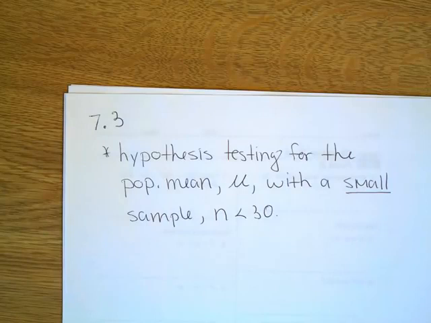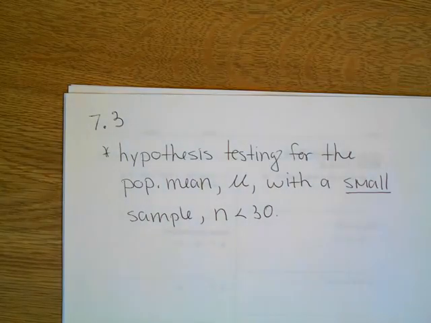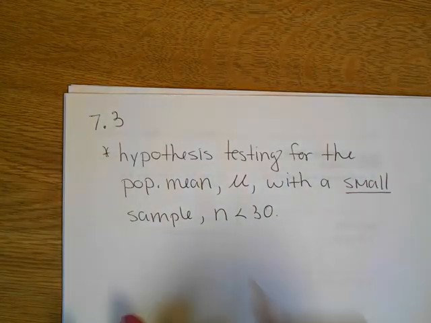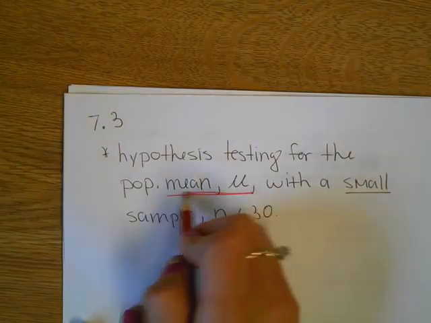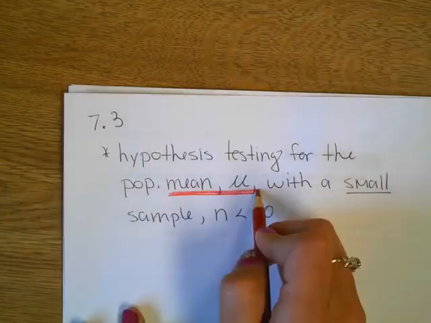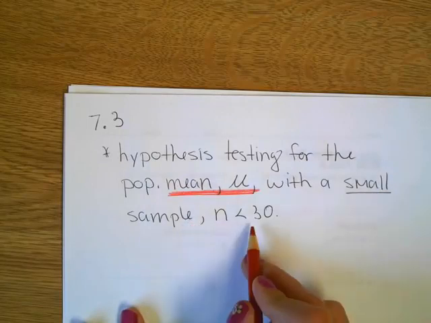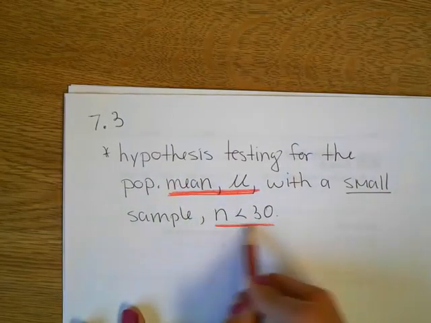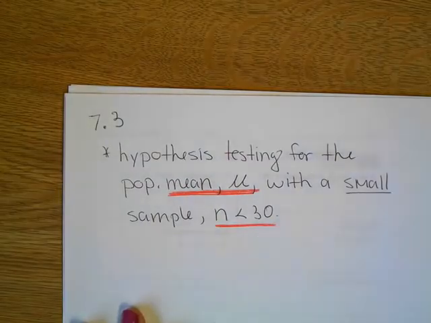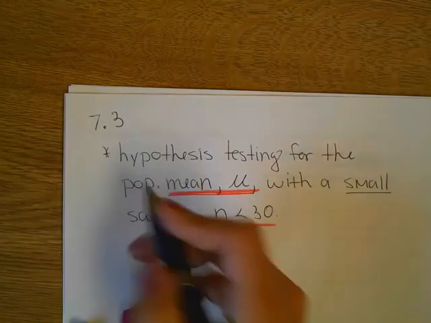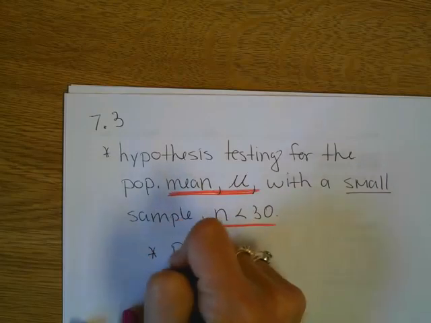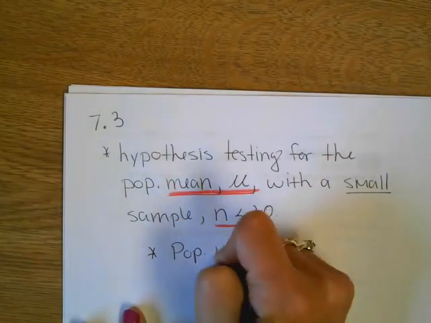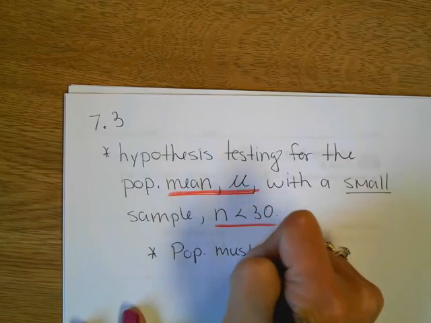Okay. Still going to hypothesis test for the population mean. That hasn't changed. The difference is coming in right here. Small sample, under 30. So if it's under 30, before we can even do the problem, the population must be given as normal or we can't do it.